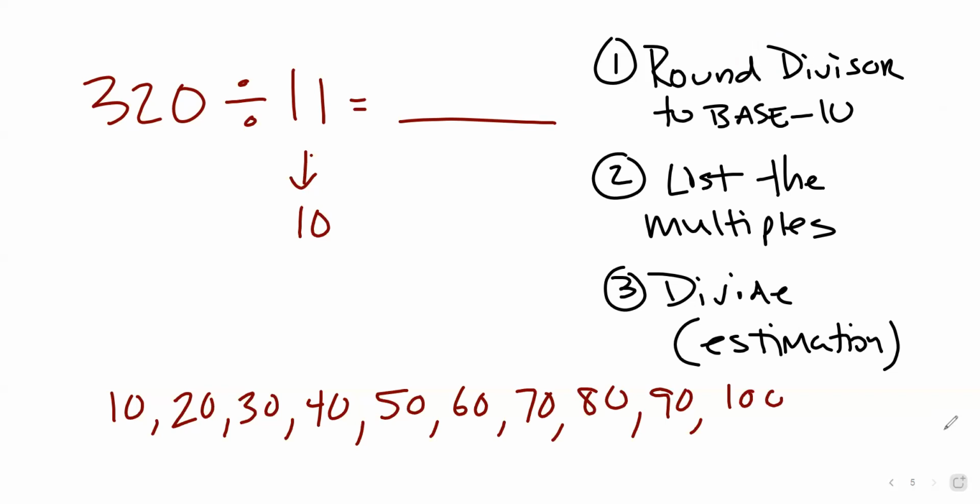Gosh, this seems to be going on for a while. But that's okay, because what am I trying to get to? Well, I guess I could keep going. 110, 120. I'm technically getting to 320, but I feel like I would be there a long time.